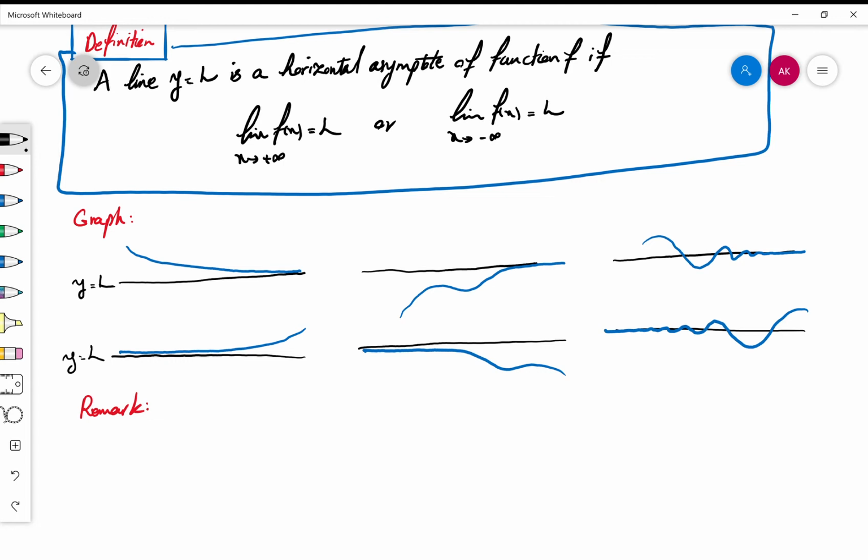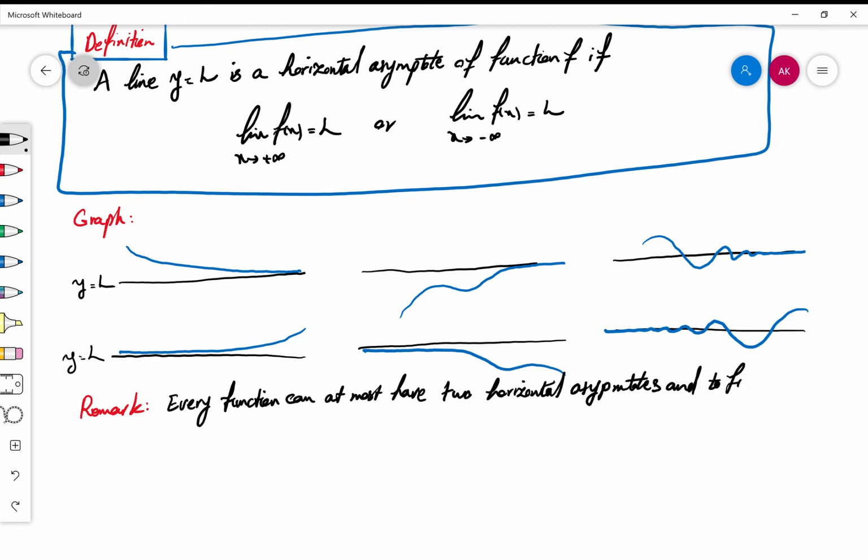So every function can have at most two horizontal asymptotes, and to find them, we find the limit of f of x as x goes to plus infinity and the limit of f of x as x goes to negative infinity.